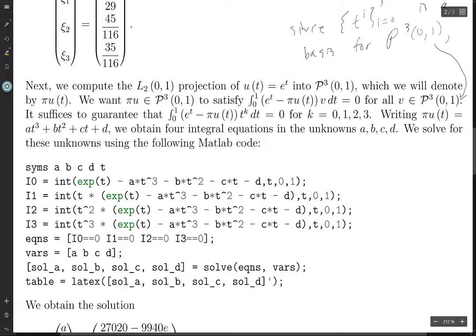in I1. So basically for Ij, I think you need to do integration by parts j times. And that's way too many integration by parts for me to do by hand, so I just told MATLAB, hey, look at these things. I told it to, algebraically using these symbols, set these equal to 0 and solve it.